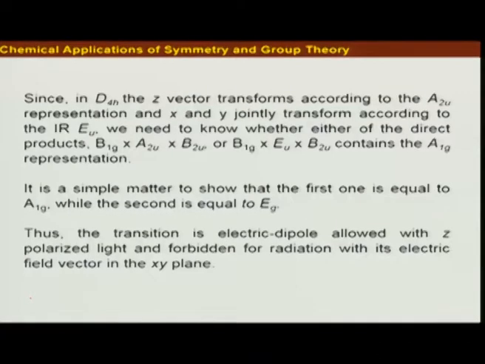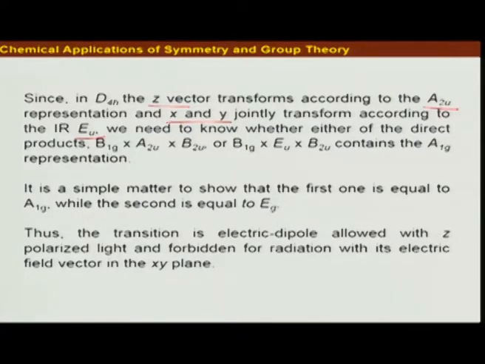We have already found that the z vector transforms as A2u, and x and y together transform according to Eu.